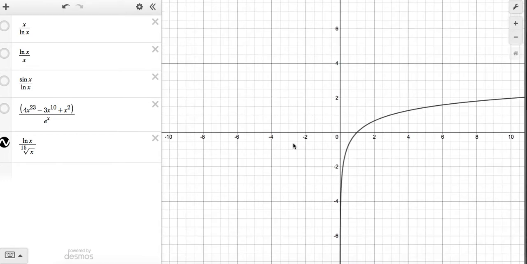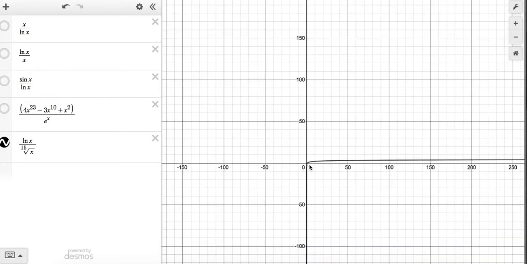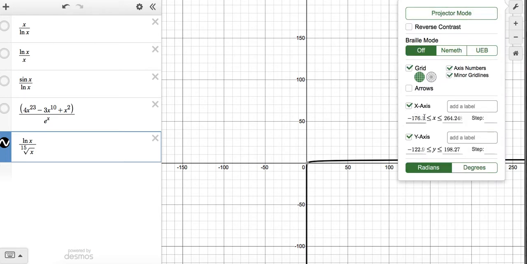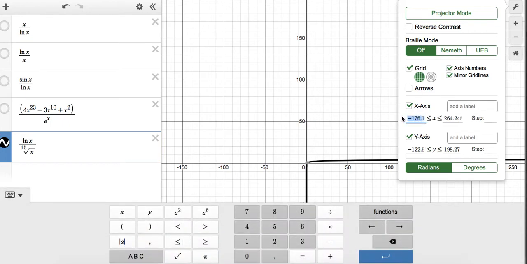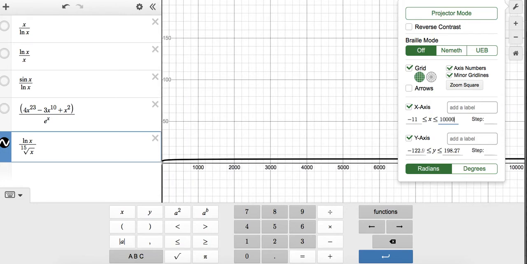But as we start zooming out, it's kind of hard to see, so maybe I'll change the settings here. I'm going to let the x-axis go out to 10,000, and I'll make the y-axis so we can see it a little bit better.